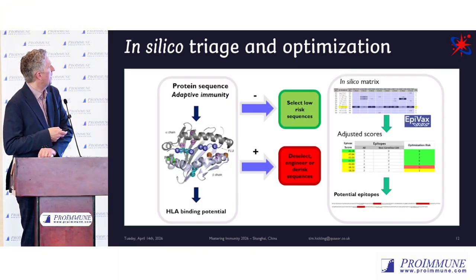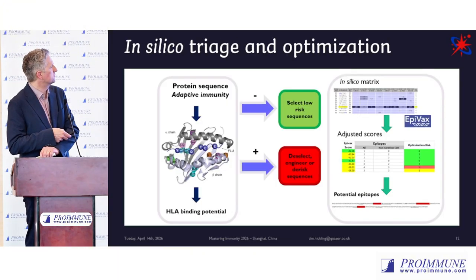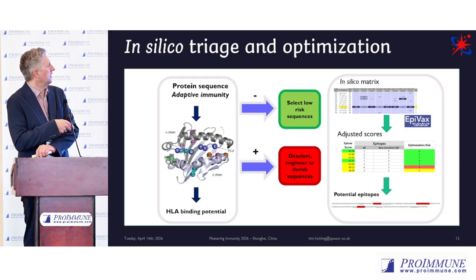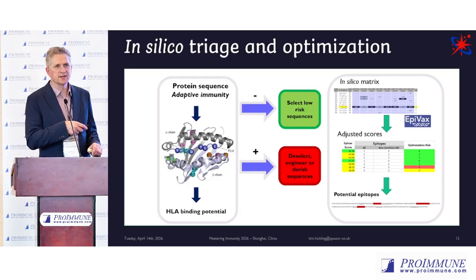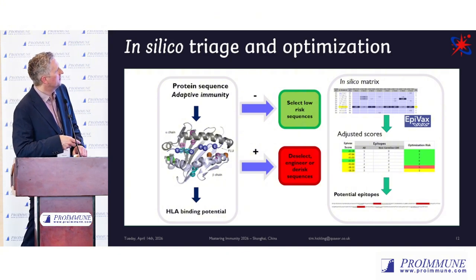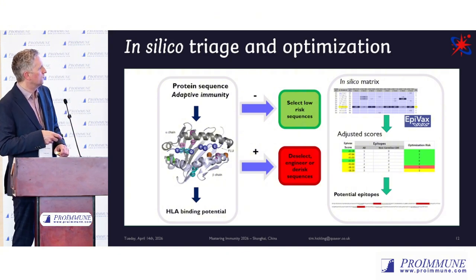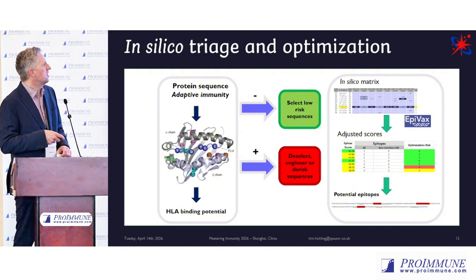So one way of thinking about this optimization is you can either remove things, so you're positively selecting these low risk sequences, or you can be a bit more active in engineering or derisking. This is one of EpiVax's EpiMatrix outputs, from I think the old version, so it may be more over-predictive than the newer version.